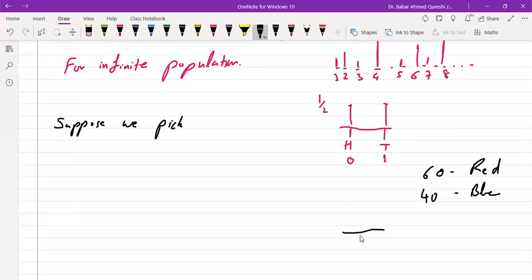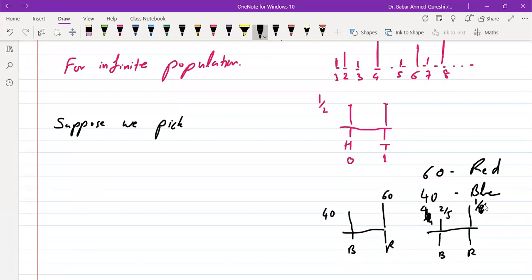So when you draw the distribution, blue, red, it looks something like this: 40, 60, or if you give them the form of a normalized frequency divided by the total number, this would be 2 by 5 and this would be 3 by 5, because we're dividing 40 by 100 and 60 by 100.